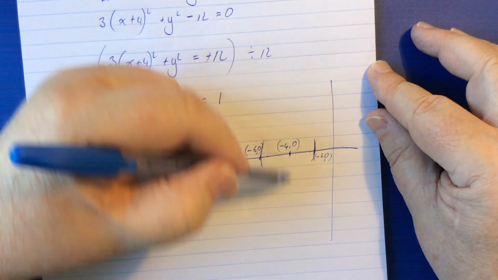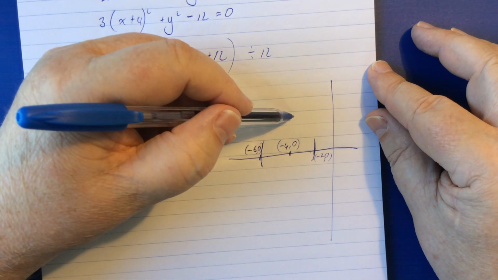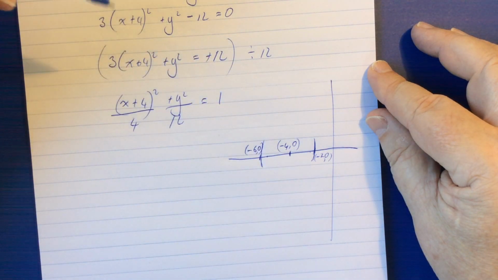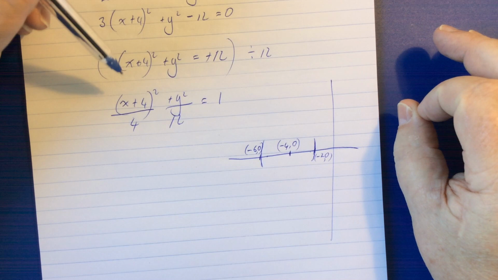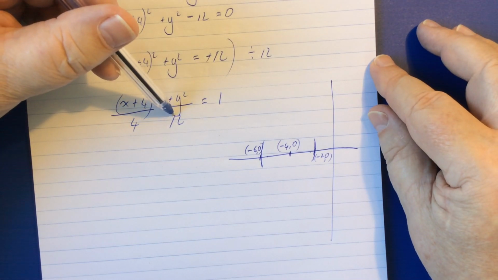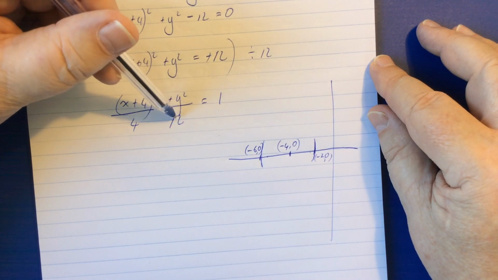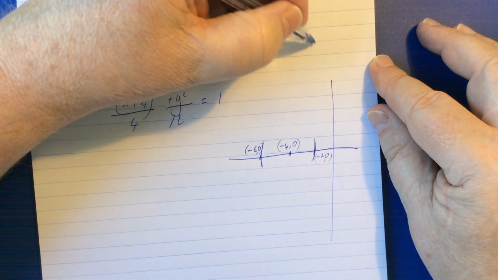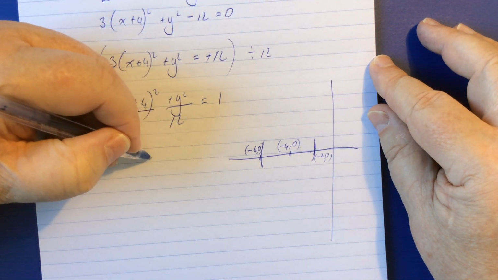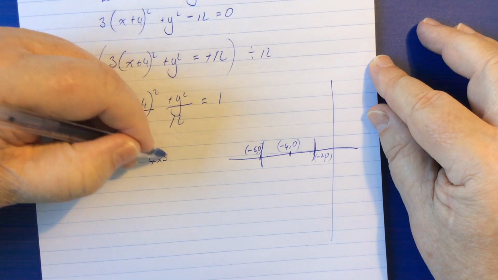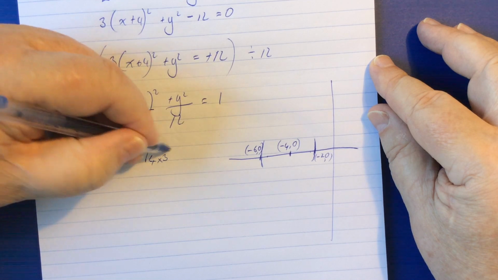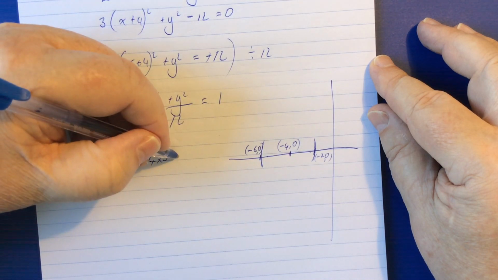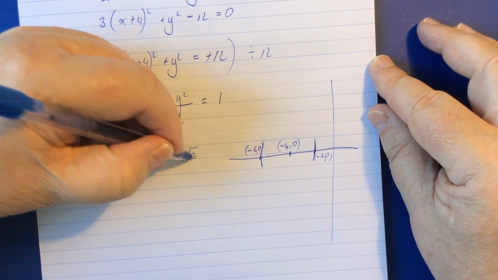Now, what of the points here and here? Well, how we find those is by taking the square root of 12. The square root of 12 is the square root of 4 times 3, and that gives us 2 root 3.